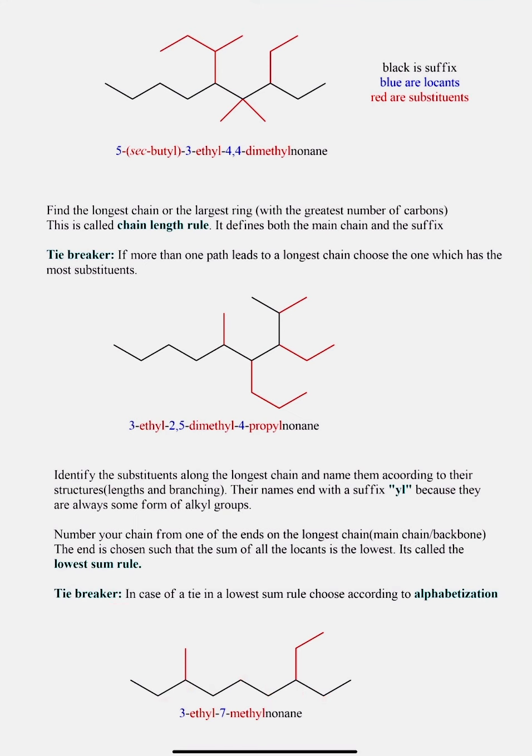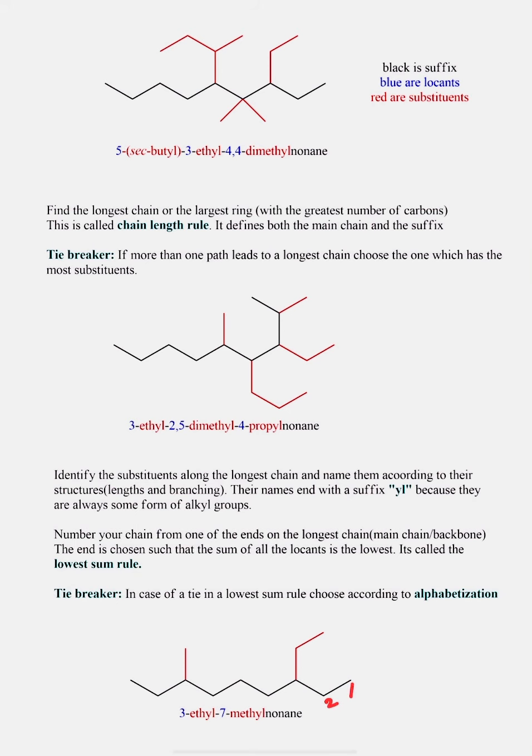In case of a tie, you have to choose in such a way that the lower number goes to the substituent which comes alphabetically first. Here it is an ethyl group, and here you have a methyl group. Now if I number from left, ethyl gets 3 and methyl gets 7, which is wrong, because ethyl comes before methyl alphabetically, so it must get 3 and methyl should get 7.